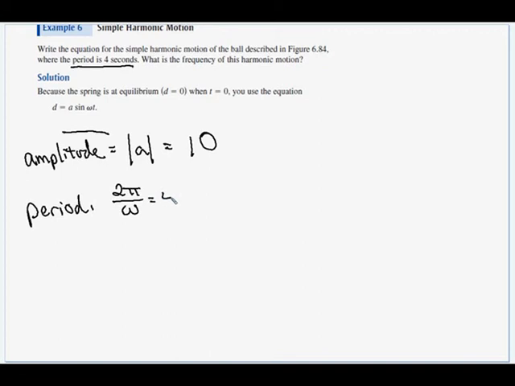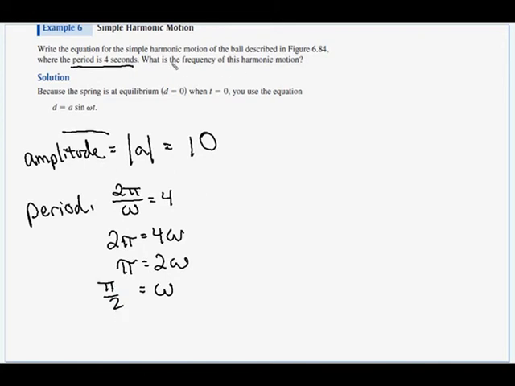So if we set this equal to 4 and solve for omega, we multiply both sides by omega. 2 pi equals 4 omega. Divide both sides by 2, and we get pi equals 2 times omega. And then to get omega alone, we divide by 2. So omega is equal to 1/2 pi.